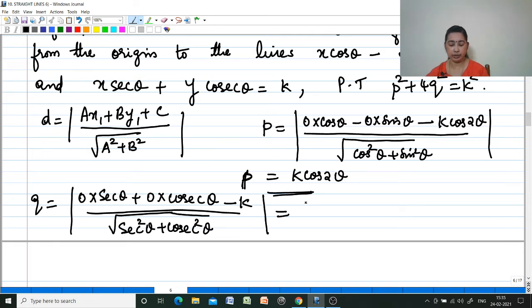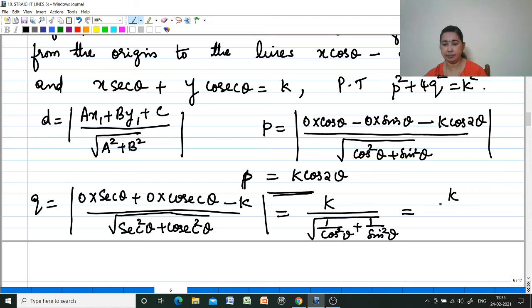And that is equal to k by root of 1 by cos square theta plus 1 by sin square theta, or that is equal to k by, cross multiplying, root of sin square theta plus cos square theta divided by sin square theta into cos square theta.